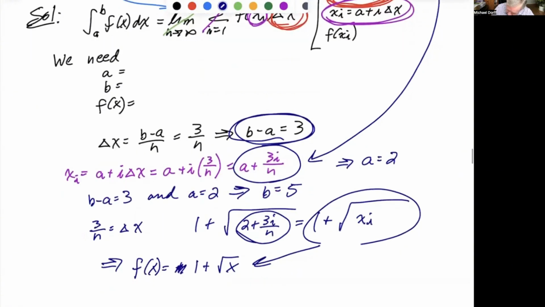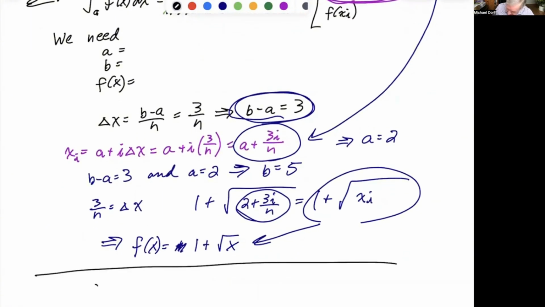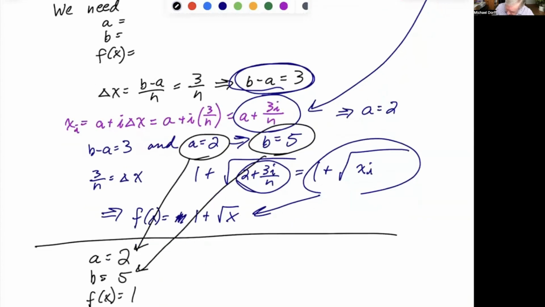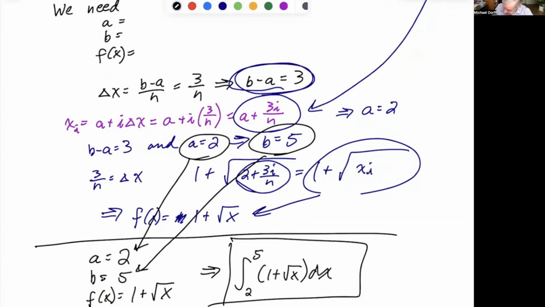And so what I have in the end is a equals 2 from what we got above, b equals 5 from up here, and f of x equals 1 plus square root of x. So using all that, I get the integral from 2 to 5 of 1 plus square root of x. All right, so that is my answer on one right here.